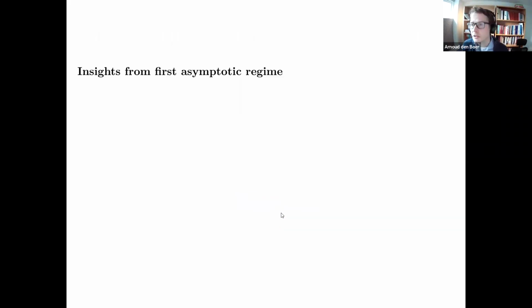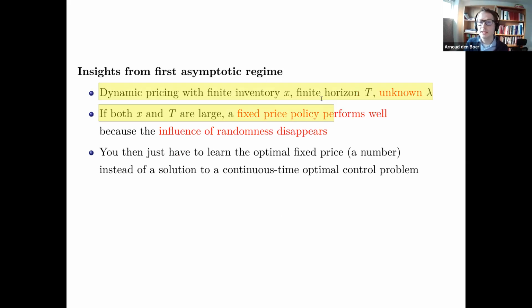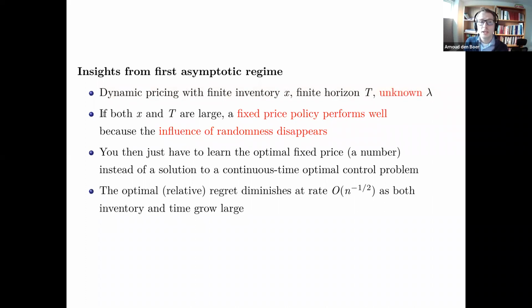So apart from the technical questions, what do we learn from this? We have the classical dynamic pricing problem in the revenue management literature. It's complicated because we don't know our benchmark in the full information. The solution is, if your inventory and your time horizon are large, then you do know your benchmark: just a fixed price policy, because it's a fluid limit, the randomness disappears.